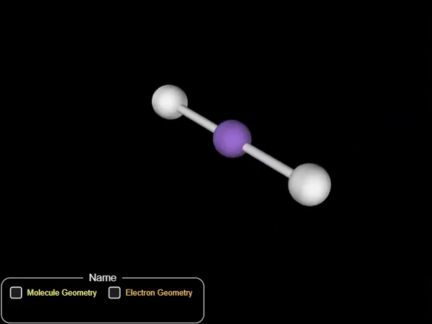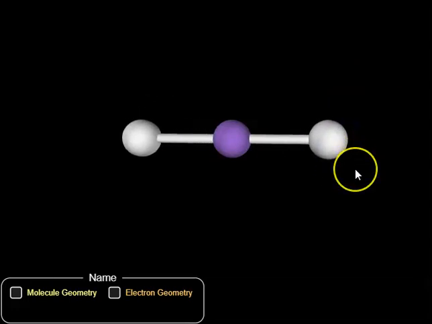So if we start off with 2 pairs of electrons, 2 bonds around our central atom, then we end up with what we call a linear shape. Okay, the bond angle, the angle from one bond to the next bond, is 180 degrees. It is linear. They are as far apart from each other as possible.